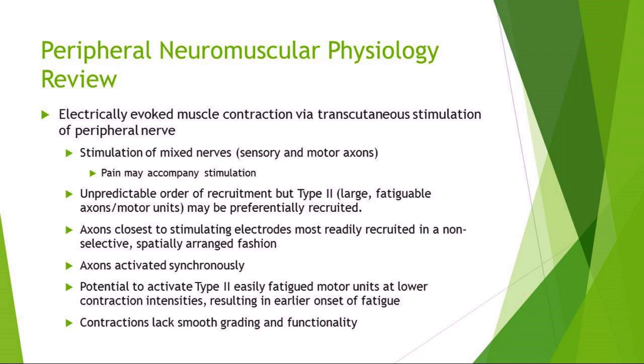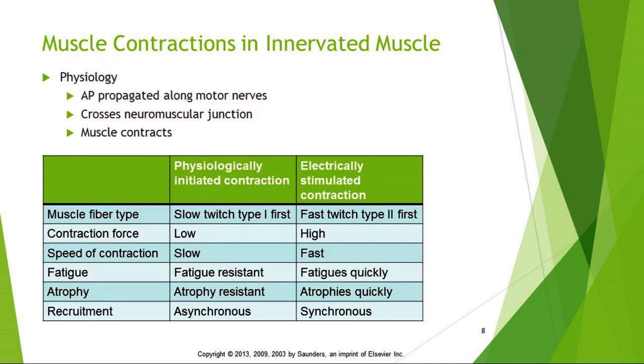And electrically evoked muscle contractions lack smooth grading and functionality. So they're different from your physiological muscle contractions. The action potential is propagated along motor nerves. That action potential crosses the neuromuscular junction at the motor point.